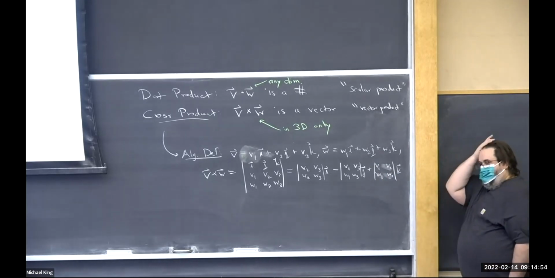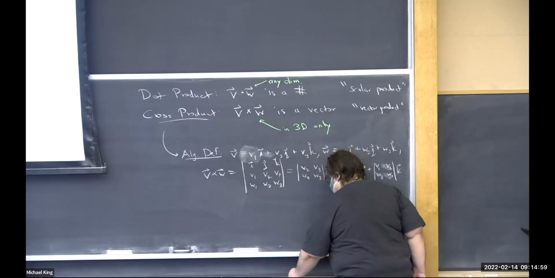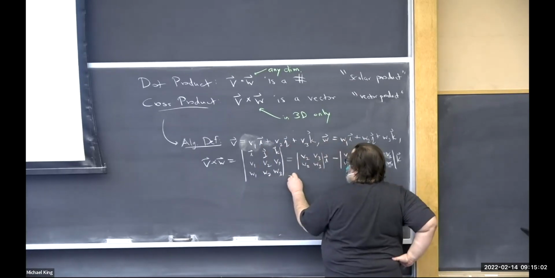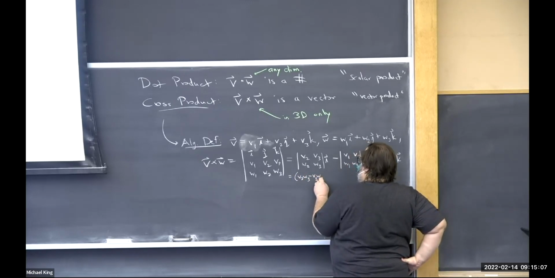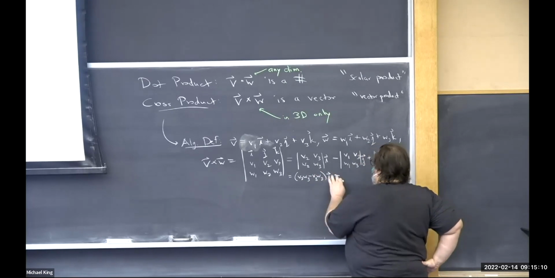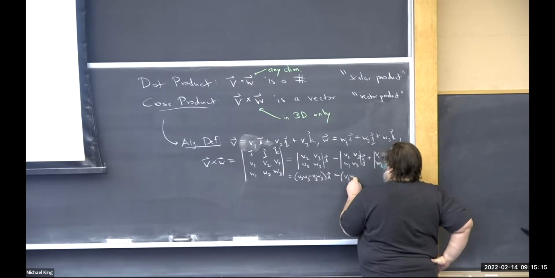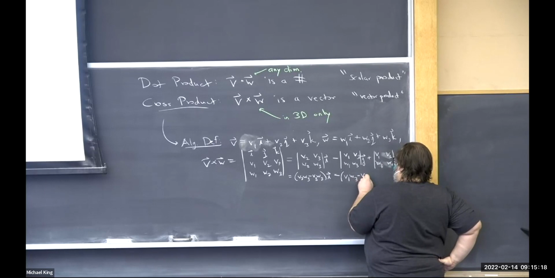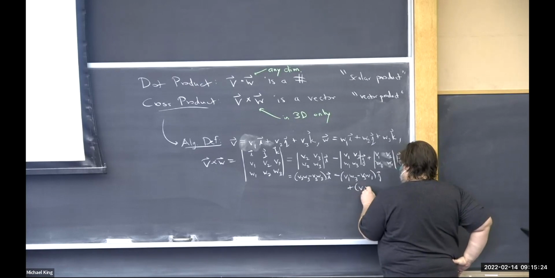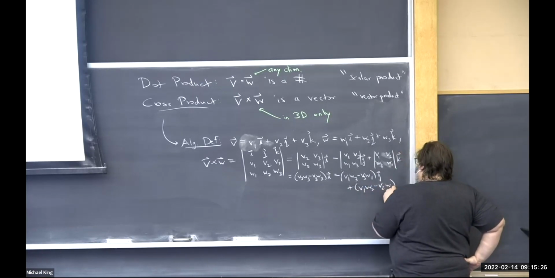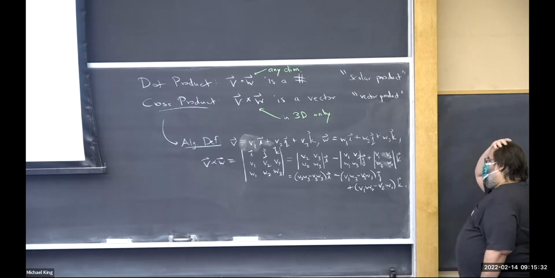Remember that I could write this one more time by just expanding out these determinants. I'll keep the minus sign here. I know I have the plus sign on the handout, but it's helpful to remember this. And then V1W2 minus V2W1 K, right? So this is the formula. Just wanted to remind you of all that.